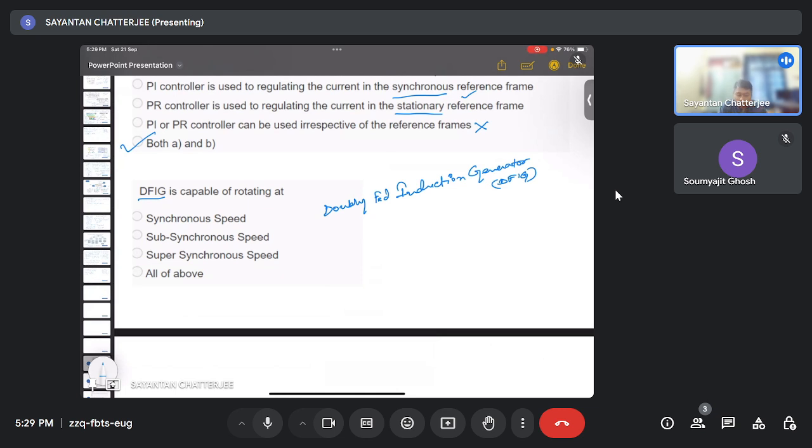DFIG is capable of rotating at synchronous speed, subsynchronous speed, and supersynchronous speed, which is more.